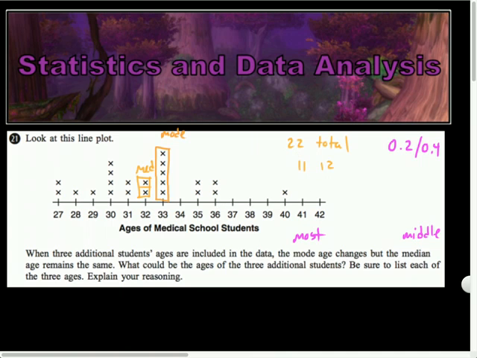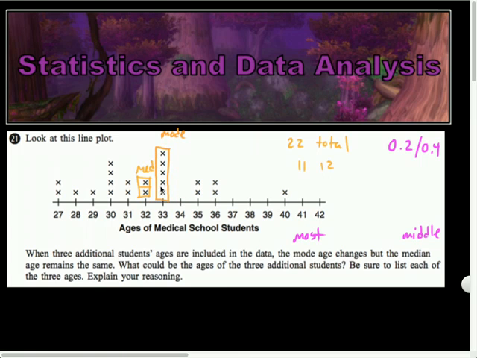So now let's talk about adding our students. So it said the mode changes. So that means that the mode has to end up being greater than this stack, because it's not like we killed off a couple of those students, or, less morbid, it's not like these 2 students got older suddenly and now they're 34 years old.